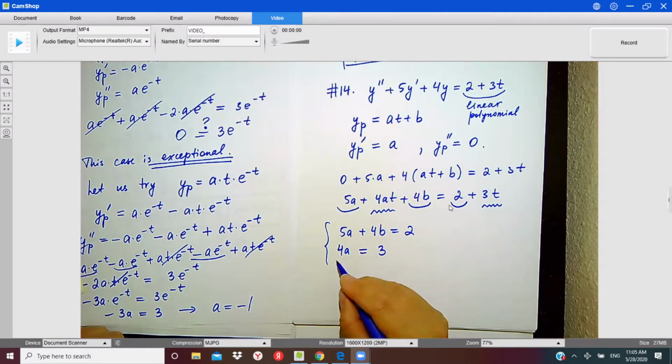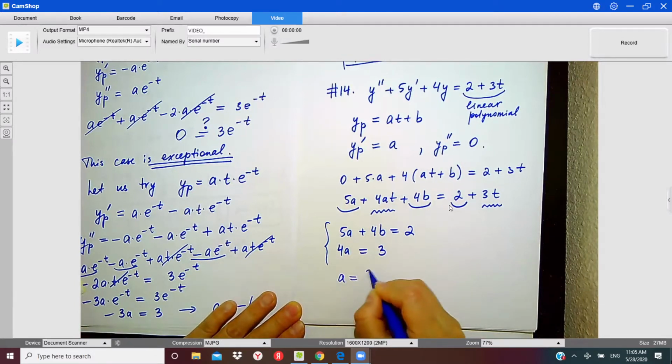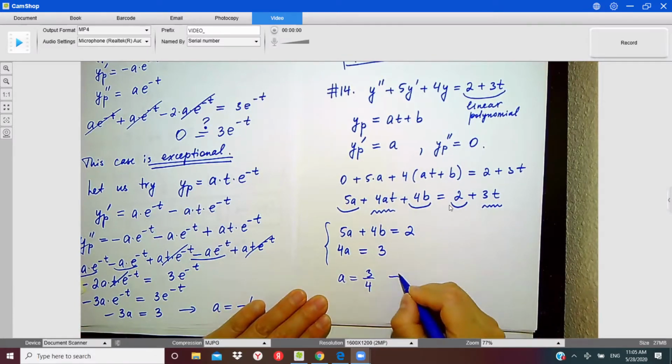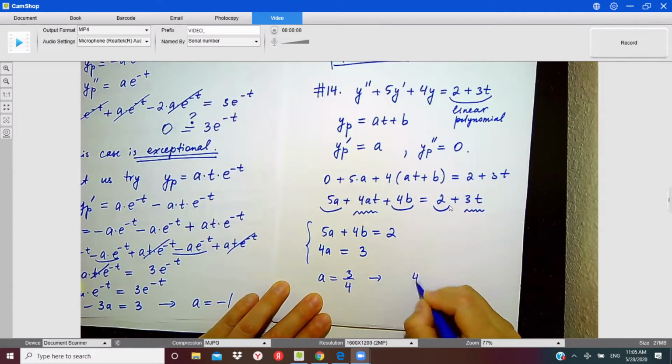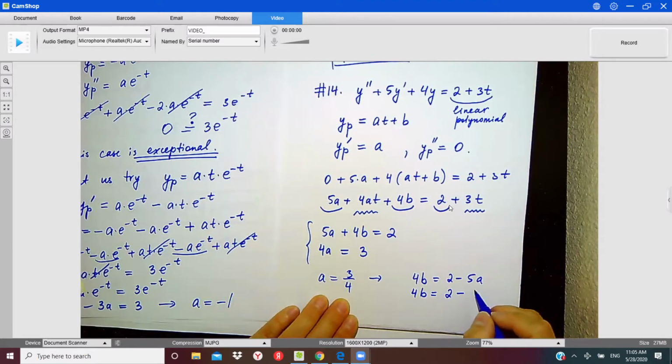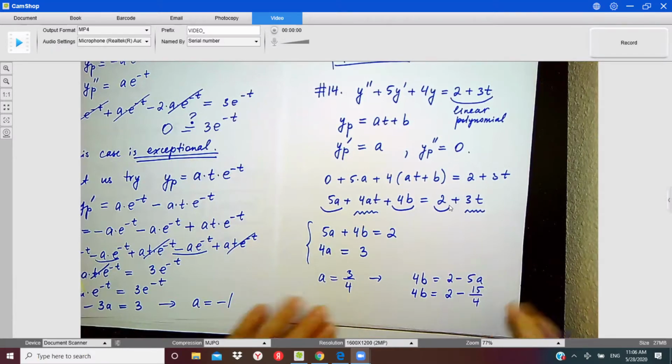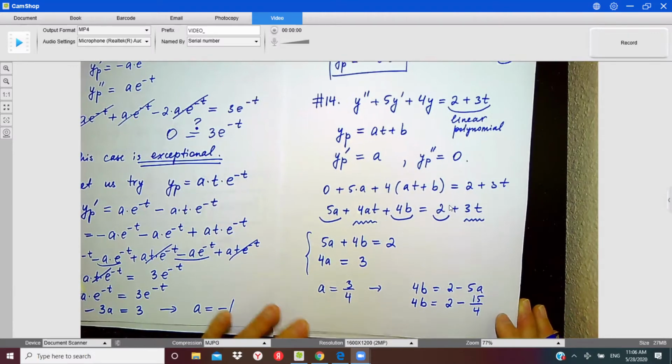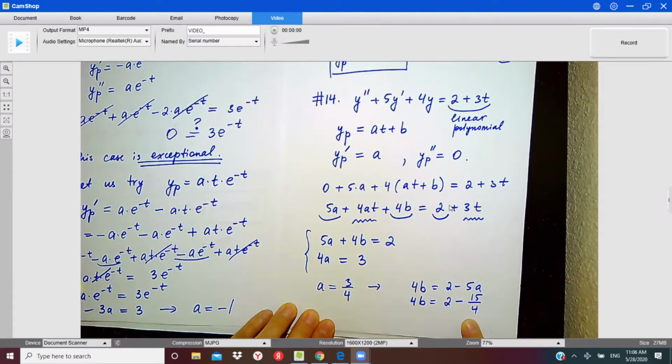So we can find a right away. A is 3/4. And from there we can find b. So 4b is 2 minus 5a. So I substitute 3/4. This is going to be 15/4. Let's see, let me first combine these two.